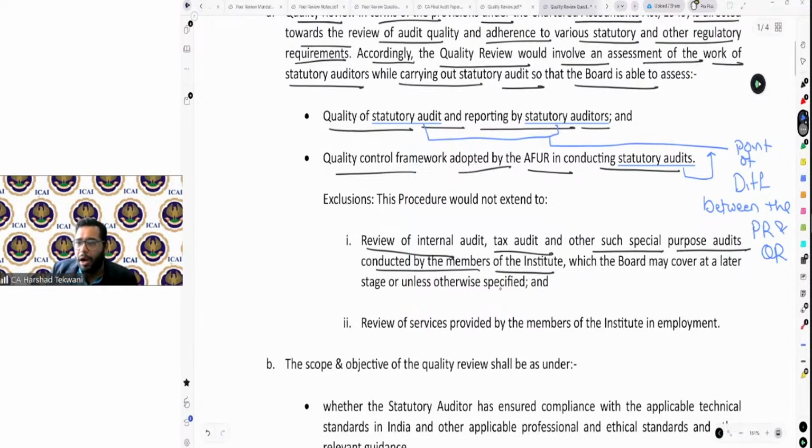And when I say peer review, it talks about assurance engagement. That's why I said peer review has a bit of wider scope compared to quality review.